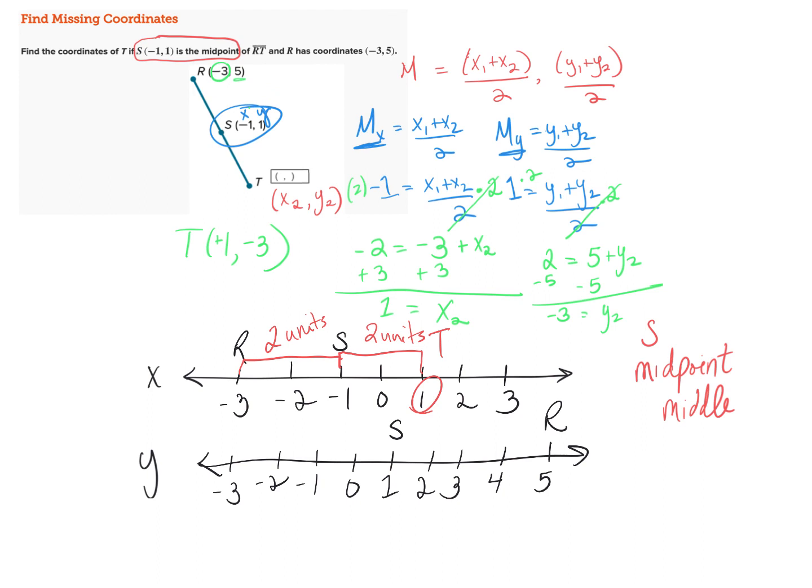Now we're going to do the same exact thing for the y-axis. You'll notice from R to S is 4 units. So the fact that S is in the middle, point T must also be 4 units.